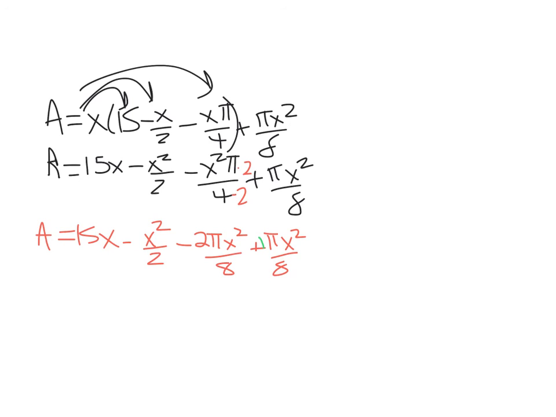I'm going to put a 1 in front of this, just so you can remember it's 1/8 times pi x squared. And then we also have negative 2/8 times pi x squared. Negative 2/8 plus 1/8 gives me negative 1/8. So my answer is just going to be 15x minus x squared over 2 minus pi x squared over 8.